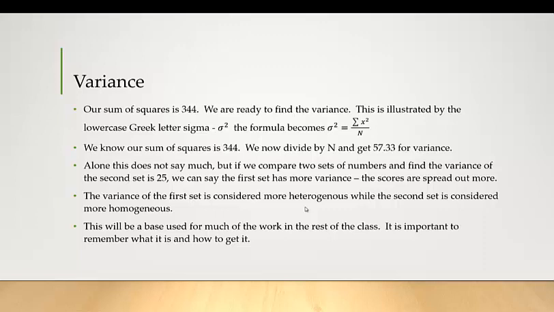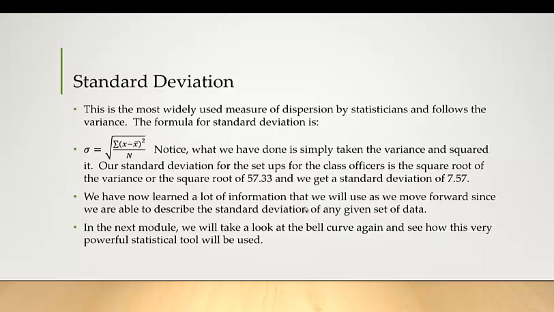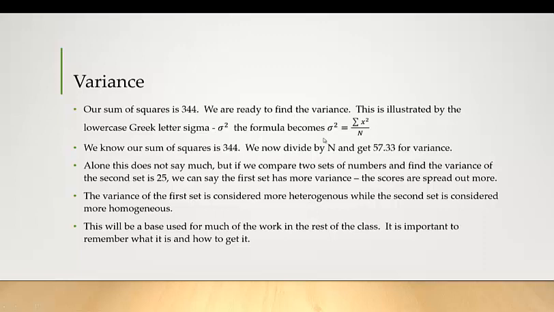The last thing then that we look at for the measure of dispersion is the standard deviation. Standard deviation is the most widely used measure of dispersion by statisticians, and it follows right after the variance. You have to figure the variance first. Here we said that our variance equals the sum of squares over n.